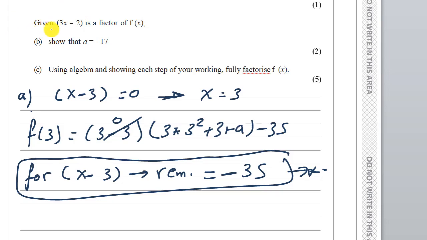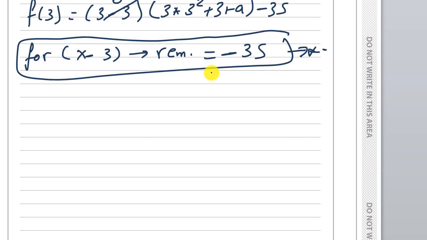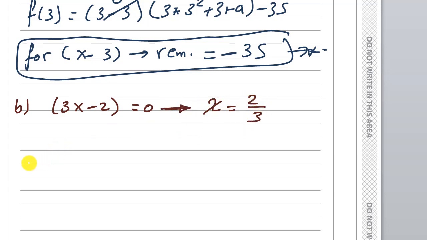Let us go. Now, given 3x minus 2 is a factor of f of x, when we divide f of x by 3x minus 2, the remainder is equal to 0. Now show that a is equal to minus 17. So again, this is part B. 3x minus 2 is equal to 0, so from here x is equal to 2 divided by 3.